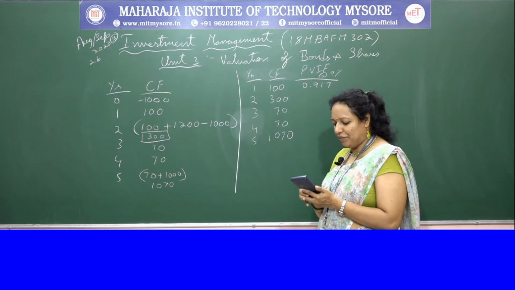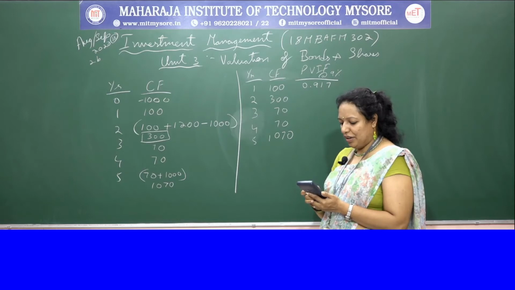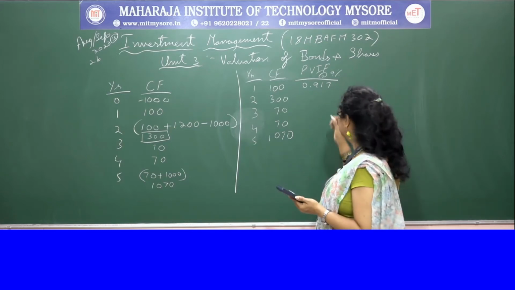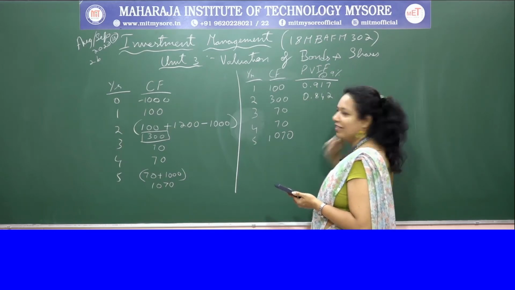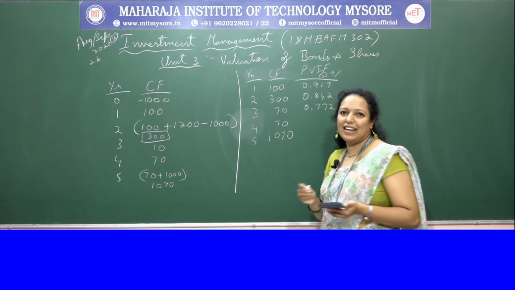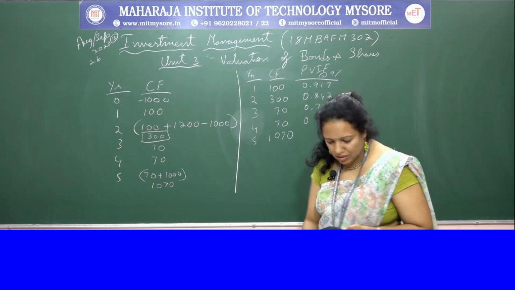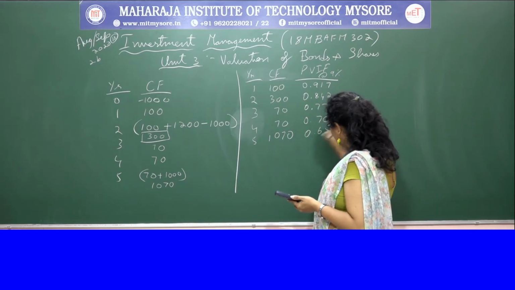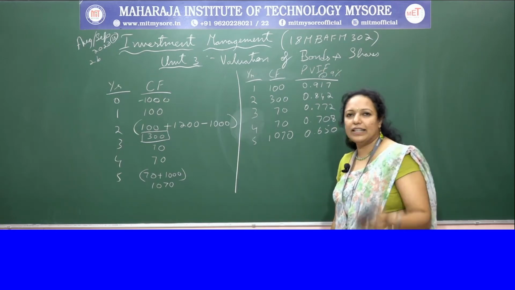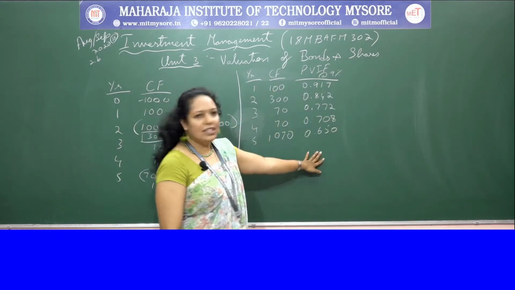For the second year, you have to do 1 divided by 1.09 to the power of 2. So you get 0.842. Like this I have listed down all the values. You just calculate and write down. Either you can use a calculator or take the help of the textbook. So these are the values.